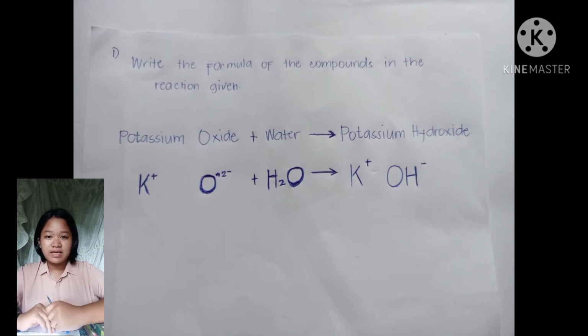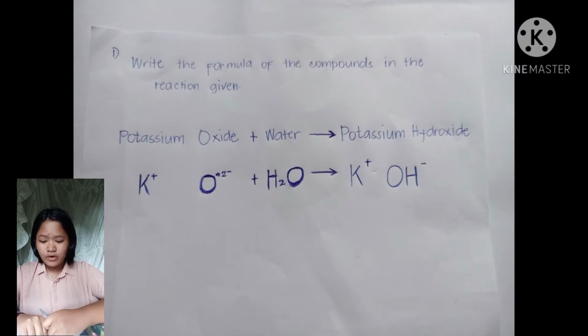So first thing is, let's have their charges. So for potassium, makita ni siya sa cation, which is, ang iyang oxidation state is 1. So pag makita nimo siya dito is K plus siya, but that plus sign above is considered as 1 or count as 1.